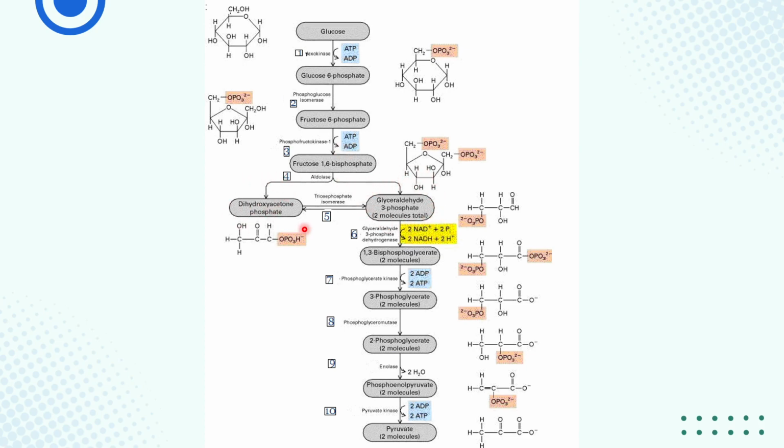Now, remember that dihydroxyacetone is also transformed to become your glyceraldehyde. So, lahat-lahat from here pababa, they are already 2 molecules. So, both of your glyceraldehydes will be used until such time that you will be able to get your product.